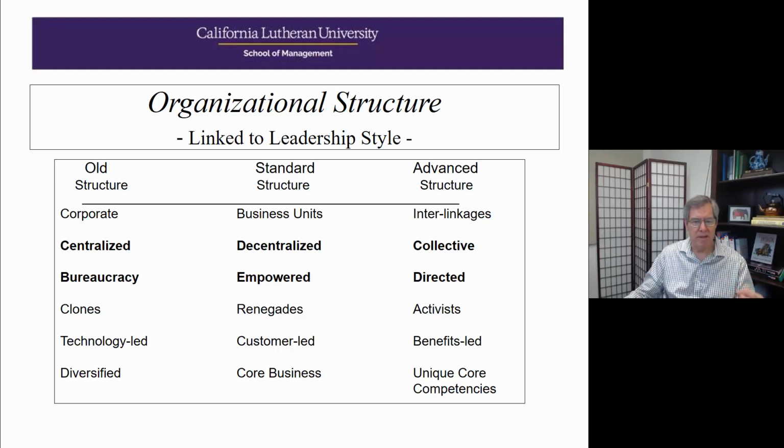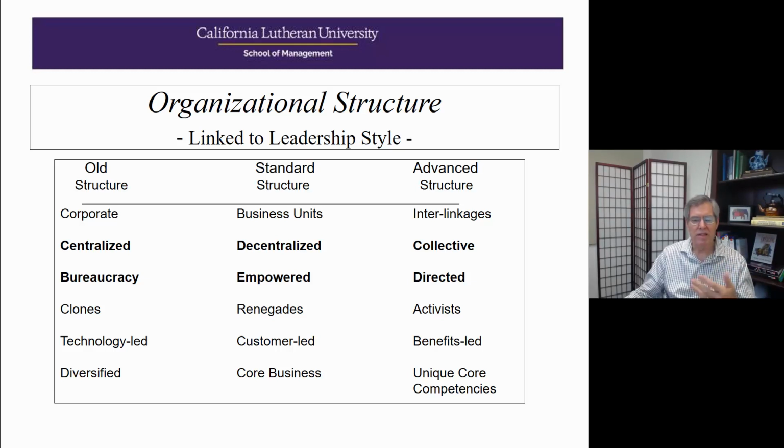The standard structure would be business units, it's decentralized, its people are empowered, but it does have renegades because it doesn't have any control. So salespeople are out there maybe selling products cheaper than what they should to get new market share. It's customer-led in that customers are saying, we want this, and without even asking, you develop that product, and you have a core business.